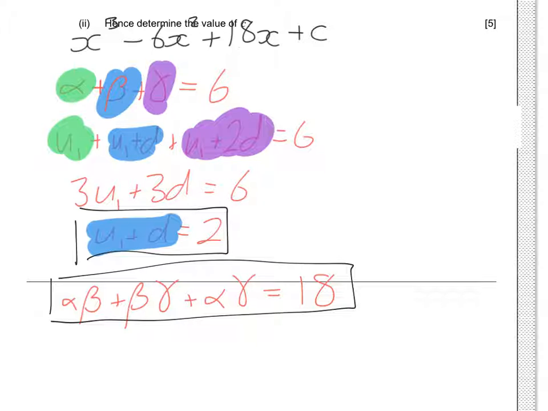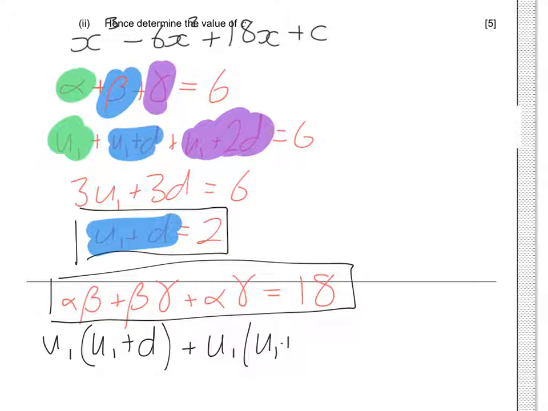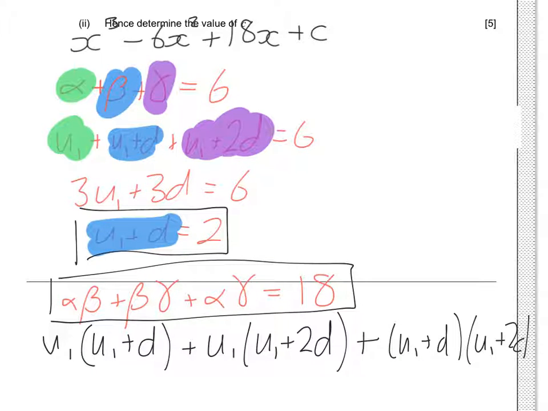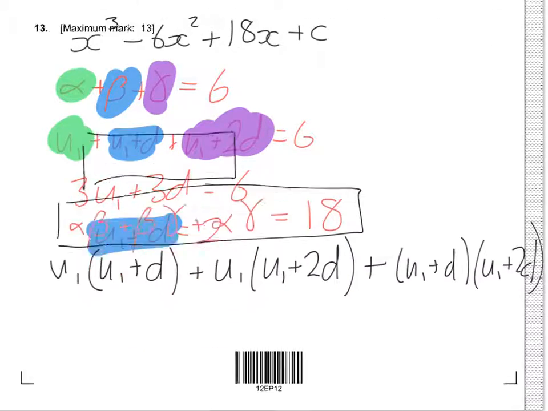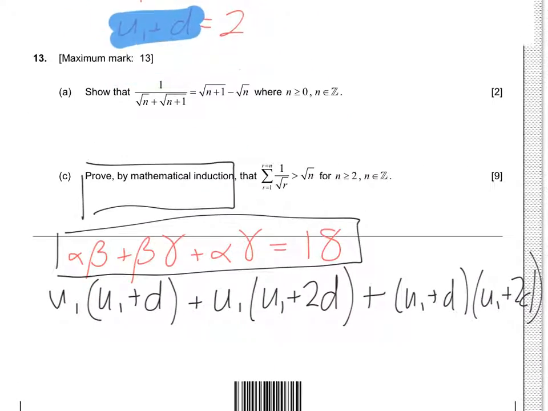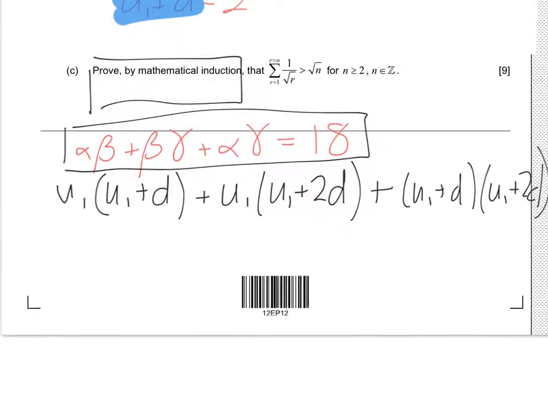We've got alpha is u1, so this becomes u1 times (u1 plus d) for alpha beta, plus u1 times (u1 plus 2d) for alpha gamma. I know I've messed up the order there. Plus (u1 plus d) times (u1 plus 2d). And now it's just straightforward algebraic manipulation. Right, a mess now, isn't it?